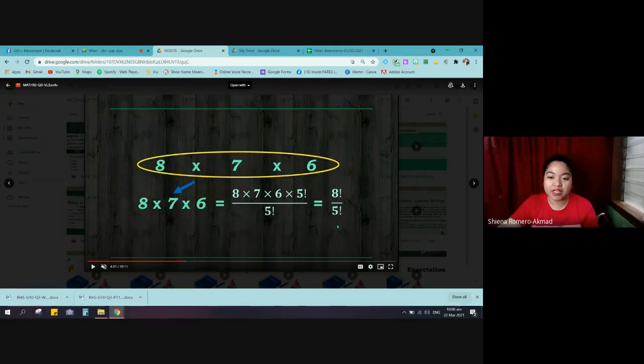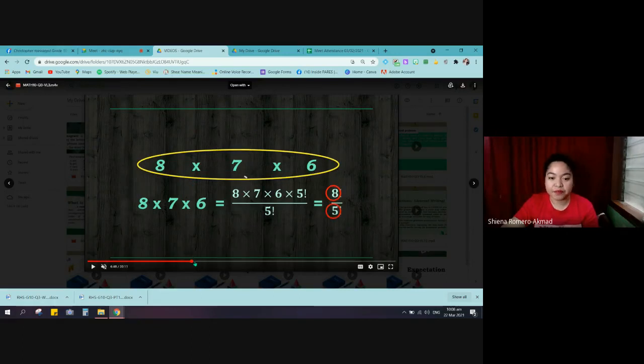At yung 5 naman ay nakuha dun sa number of items, ibawas natin dun kung ilan lang yung pwede mong piliin. 3 lang yung pwede kong piliin kasi 3 lang yung box ko. So if I have 8 items, 3 lang dun yung pwede kong piliin because I have only 3 boxes. At ilan yung natira na hindi ko napili? And that's 5. So yung 8 is the number of items. Yung 5 naman is yung number na hindi napili. Number of items left. Okay?